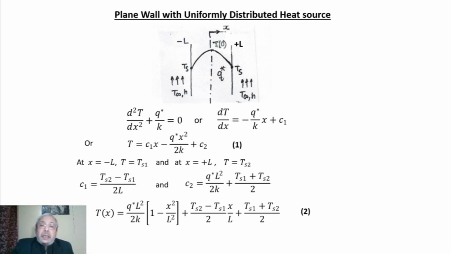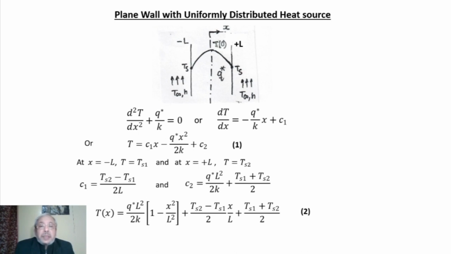And at x equal to positive L, the local ambience is such that its temperature is T infinity and the film heat transfer coefficient is h. Similarly, at x equal to minus L also, the local ambience is such that its temperature is T infinity and the film heat transfer coefficient is h.